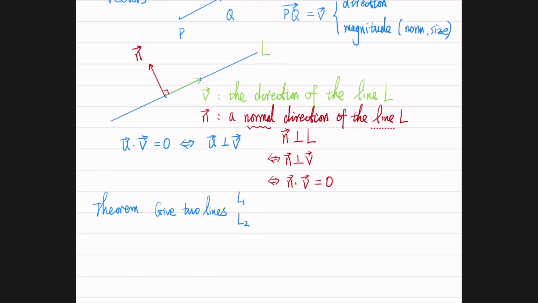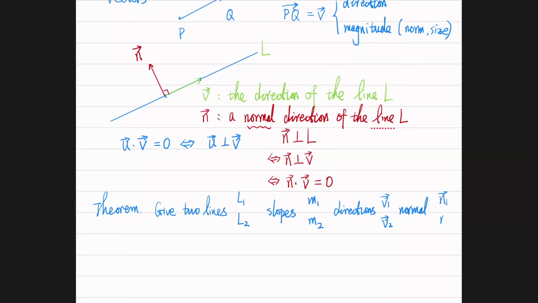The slopes, M1 for the first slope, M2 slope of the second line. Also, we can label the directions V1, V2, normal, N1, N2.